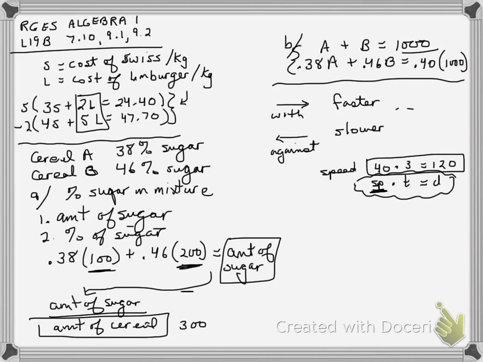So for against, the speed of my sub will be S, and the speed of the current will be C. Okay, so I'll take the speed of the sub, subtracting out the speed of the current, and the time when I'm going against the current is what? 10 hours.